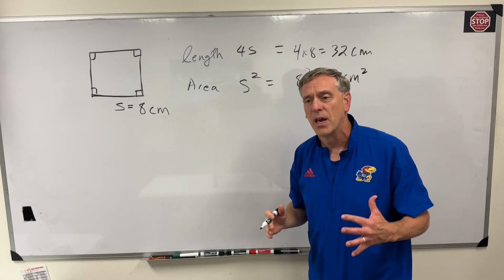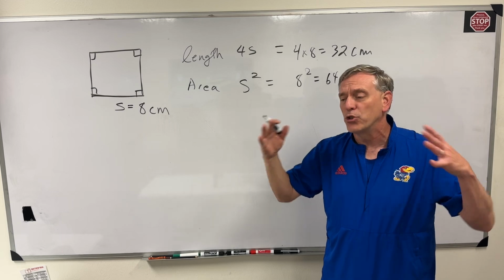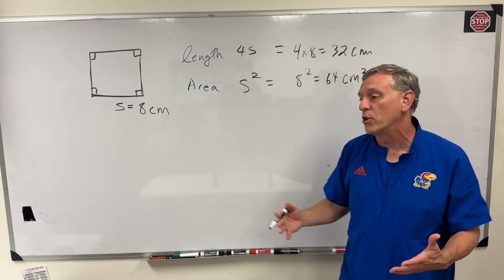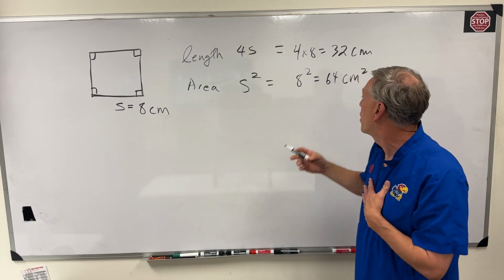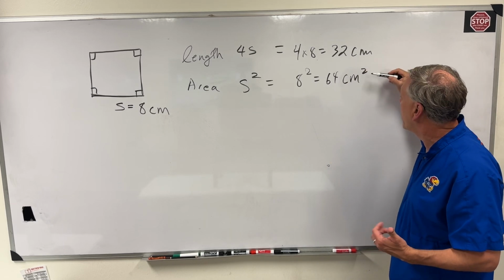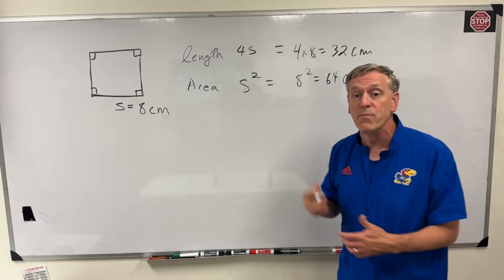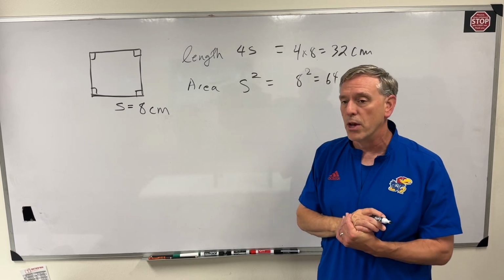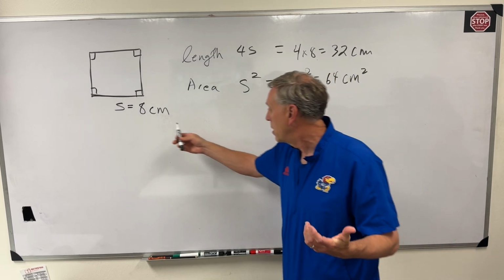So we should notice that when we have the measurement, like centimeters or meters, the perimeter is measured in centimeters and the area in centimeters squared, or meters, or whatever the measuring standard is.